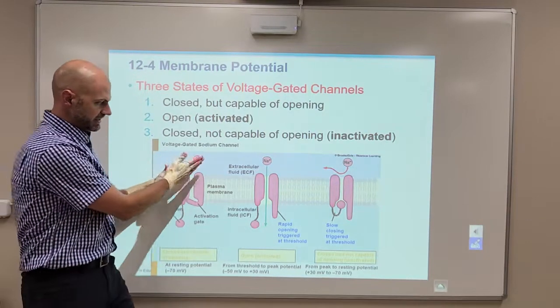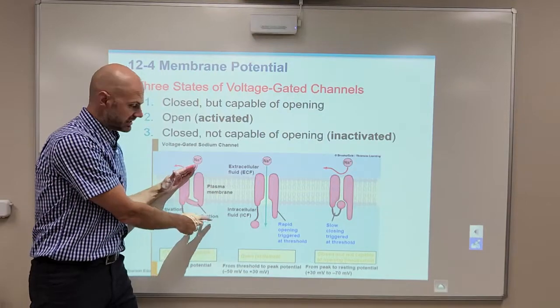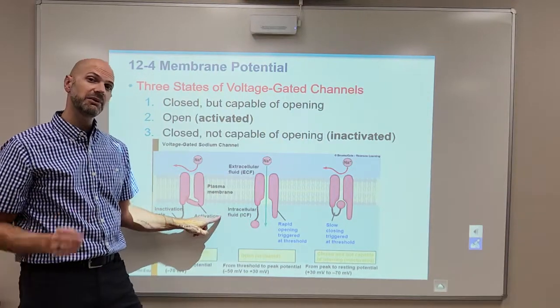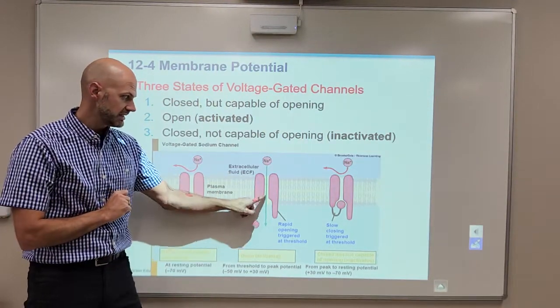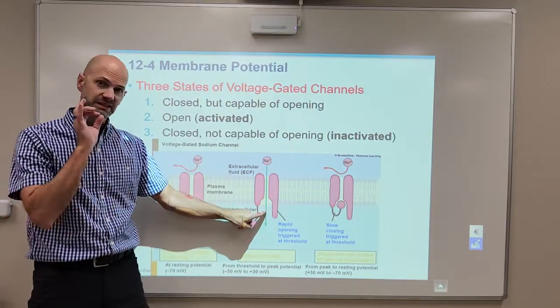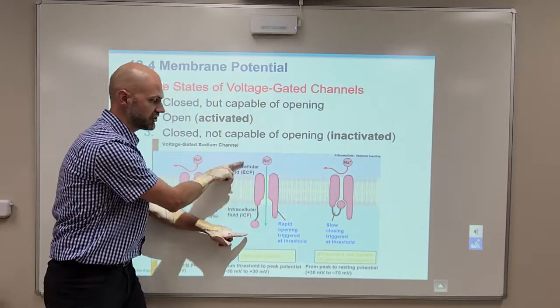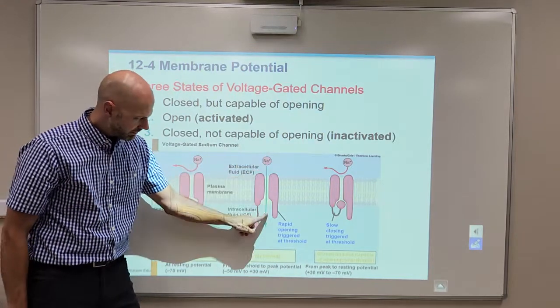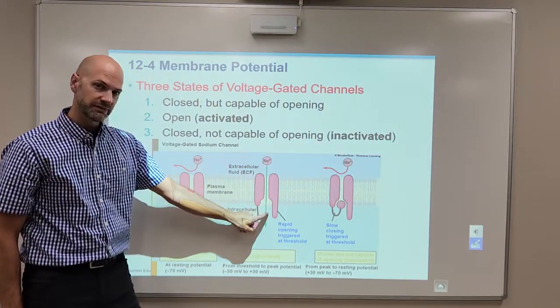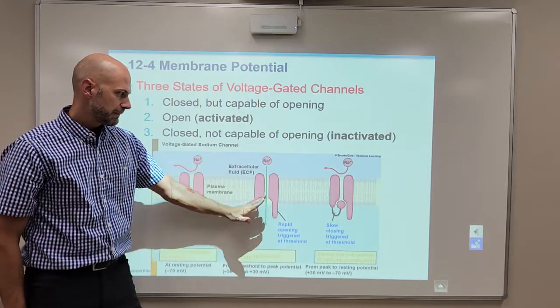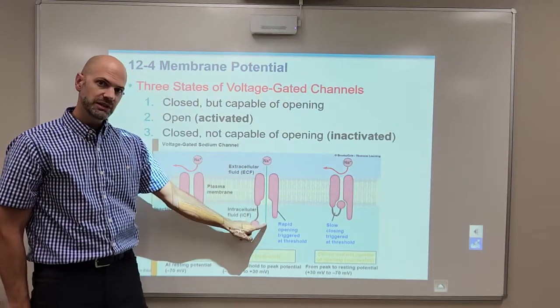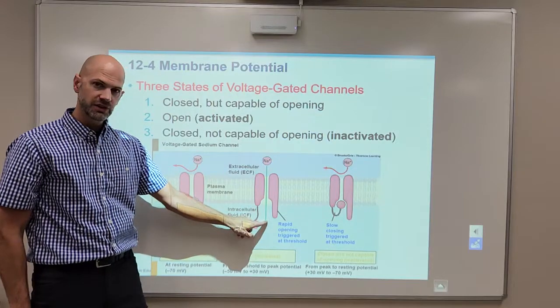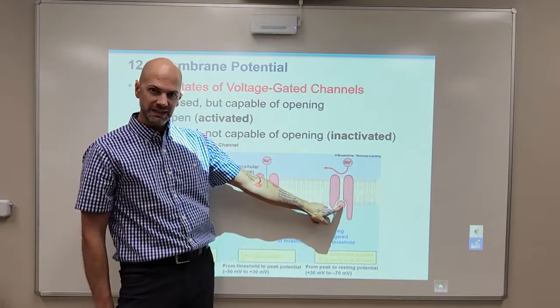Let's say the membrane potential changes and suddenly we're no longer at minus 70, but we're at minus 55. Suddenly this gate opens because it's sensed a change in the potential, so the sodium ions are allowed to flood inward. As a result of the change in potential, because we're adding positive charge, it can become inactivated.